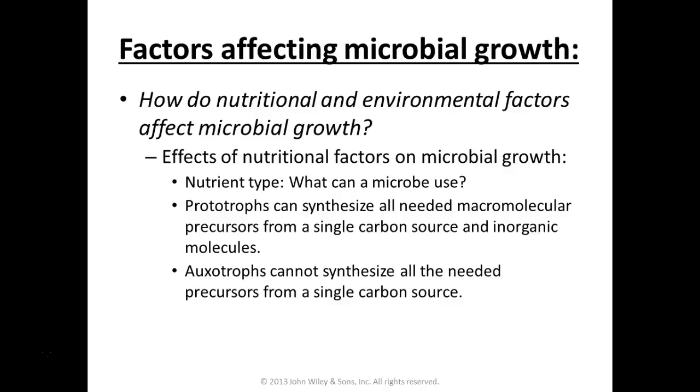They can't put that together on their own. Where prototrophs are great because you can give them inorganic everything and they'll make everything they need. You don't have to give them anything preformed. You don't have to give them amino acids, which are organic molecules. You can give them a nitrogen source and a carbon source, and they'll turn it into whatever they need.